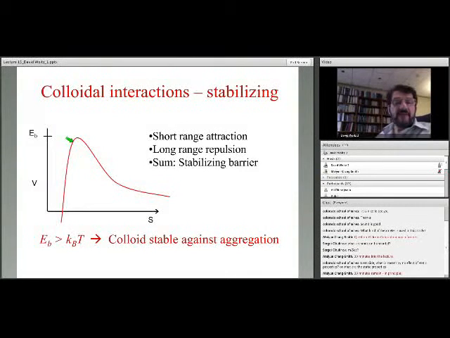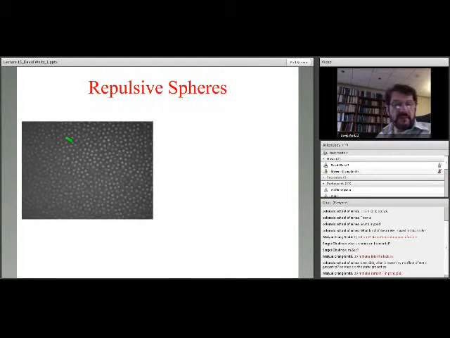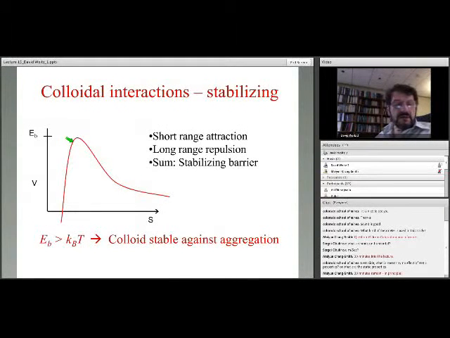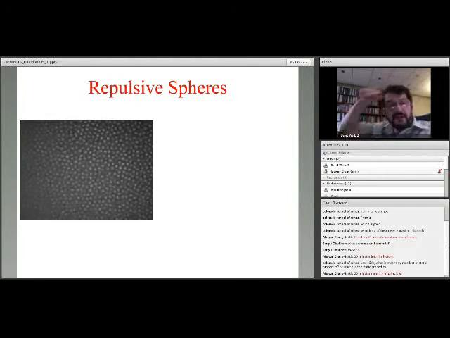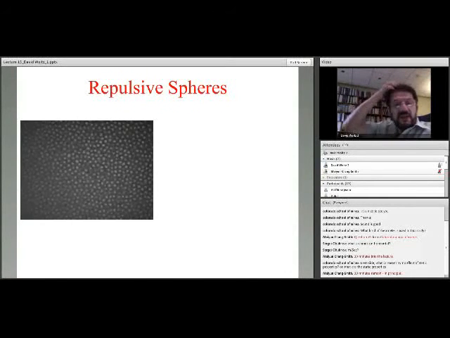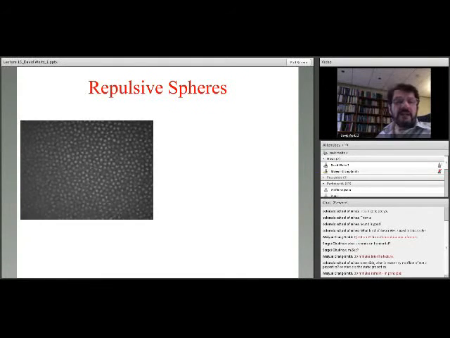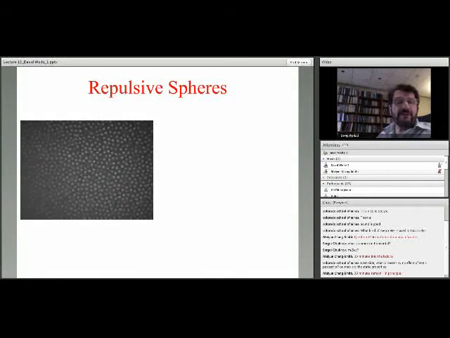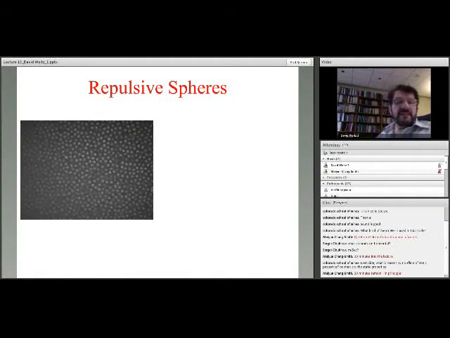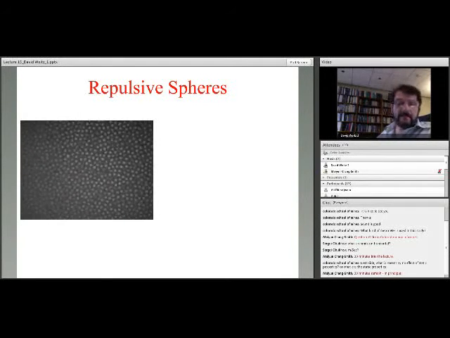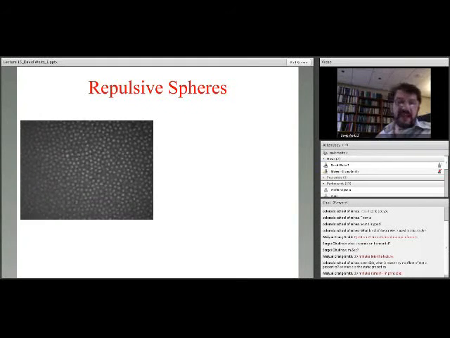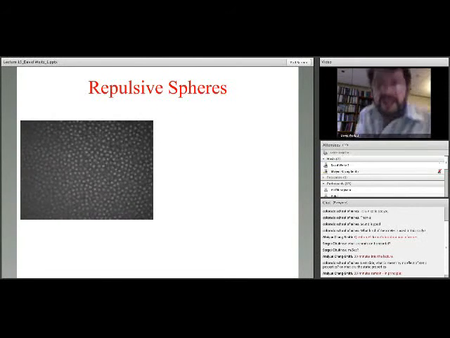Now, here is a movie that doesn't play, but shows images of colloidal particles. In the movie, these colloidal particles would be undergoing Brownian diffusion, but notice that the particles are really, on average, separated by the same amount. That means that they're feeling the repulsion of their neighbors, and they're packed close enough together that their separation is actually less than the typical distance of the repulsion.